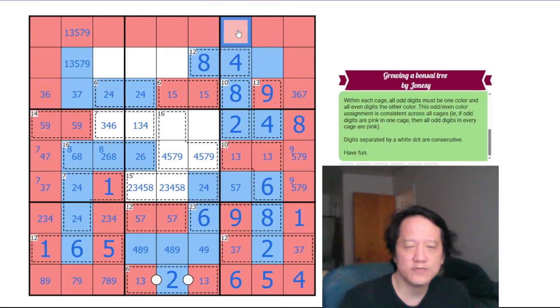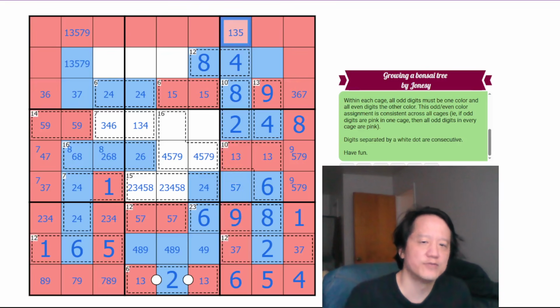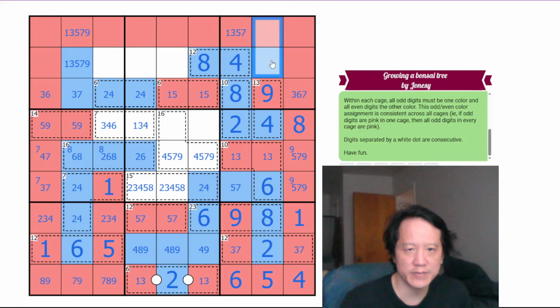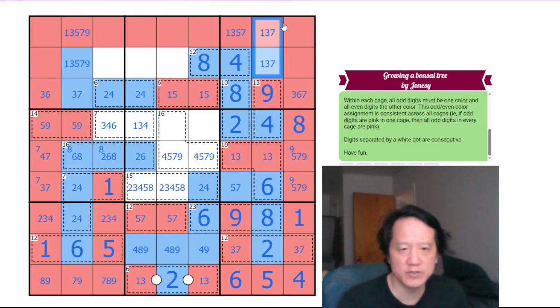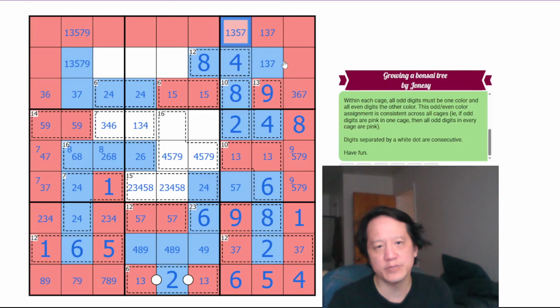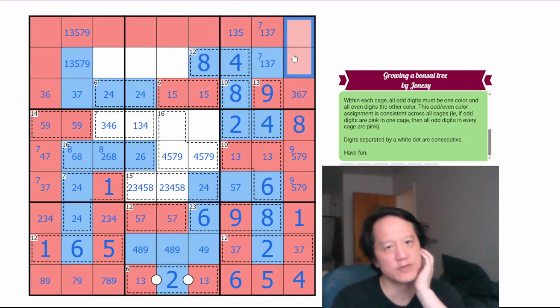Remaining digits of column 7 are 1, 3, 5, 7. Remaining digits of column 8 are 1, 3, and 7. And we're guaranteed a 7 here, so this cannot be a 7 in the rest of the box. So no 7 there.